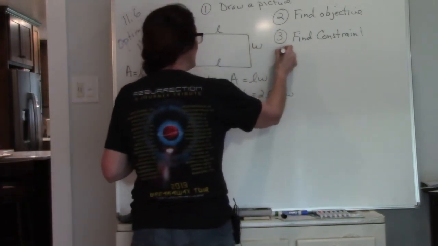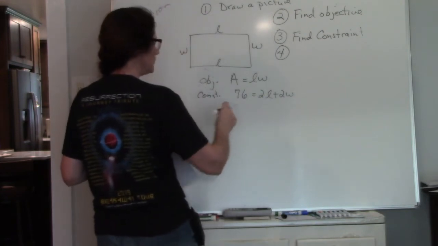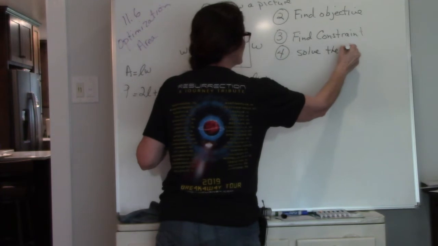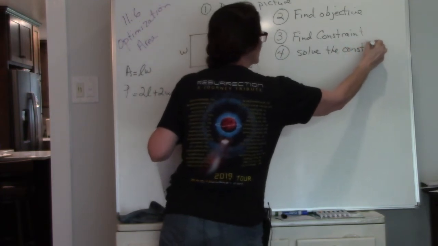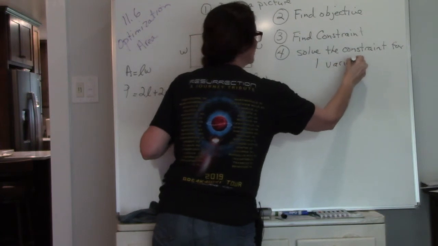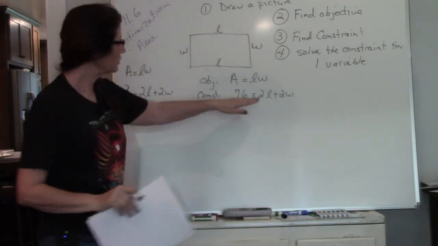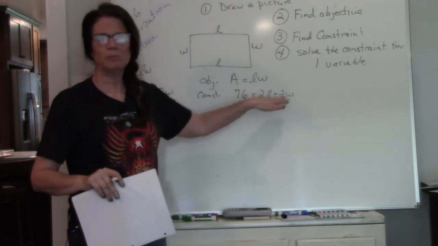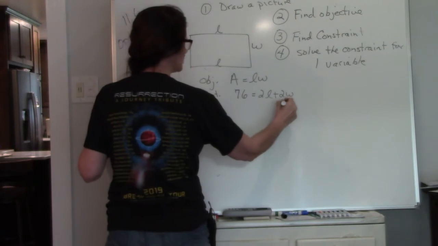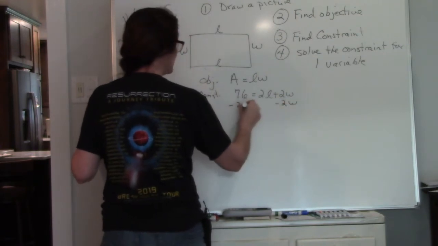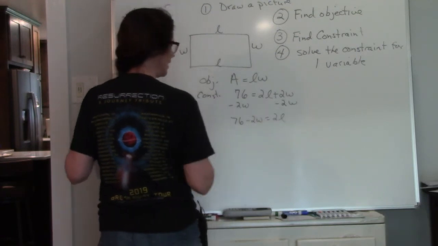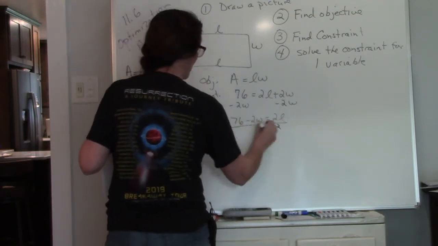Okay, so now we're going to go from here. So once I find my constraint, I'm going to solve the constraint for one variable. All right, so if you notice, I have two variables. I'm going to pick one of the variables and solve for it. So I'm going to pick length. So I'm going to subtract 2w from both sides. So I get 76 minus 2w equals 2 times L. Divide both sides by 2.